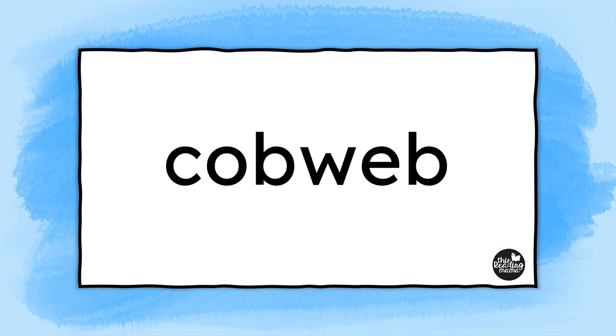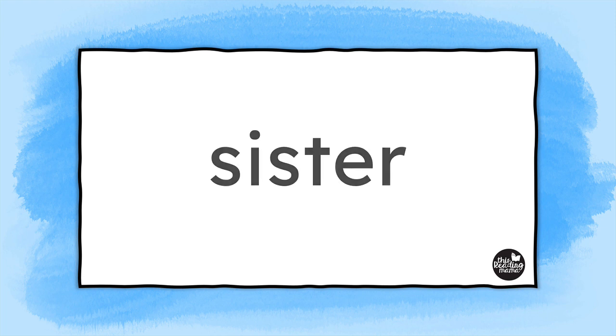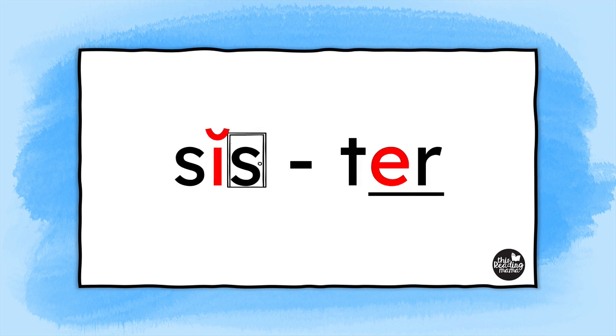Now, if you feel your learners are really catching on to closed syllable words like kitten and cobweb, you can even sneak in the ER chunk on the ends of words, because this pattern is so common. Introducing words with the final ER will now allow you to practice closed syllable words with many more words. Now, in the word, you want to still have your learners find the vowels, and then look in between for the two consonants, and then divide the word between them.